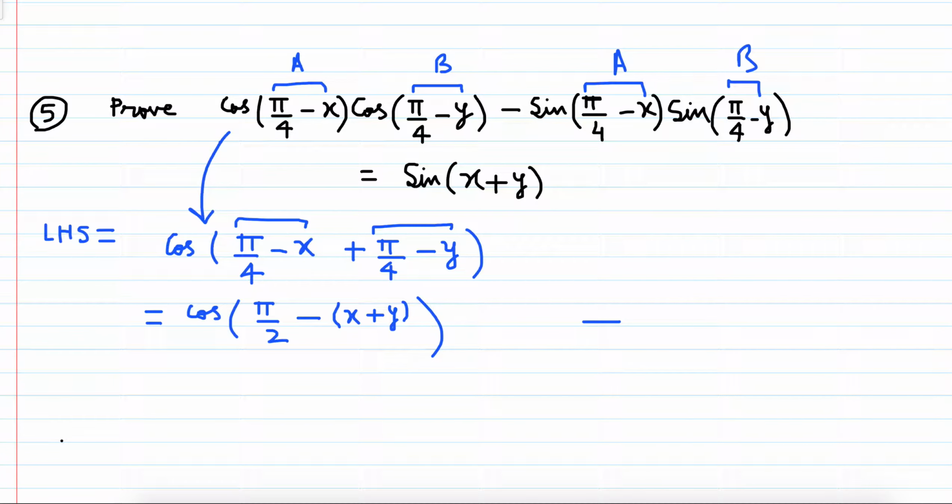And we know that cos pi by 2 minus x is equal to sin x, and sin pi by 2 minus x is cos x. So we know this thing. So here we have cos pi by 2 minus this term.